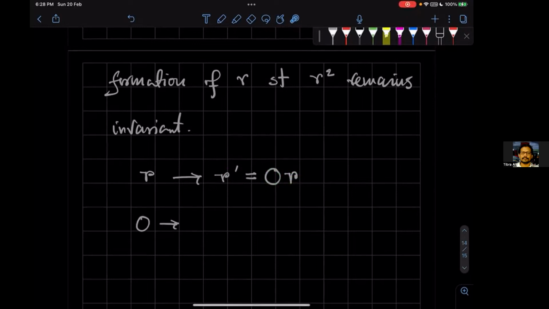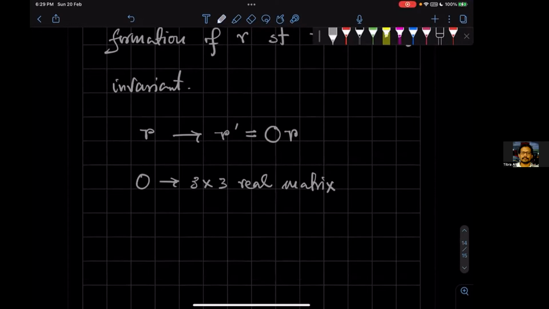Then what should this O be? A 3 by 3 matrix, yes. It should be a real matrix, right? Because we know that the entries of both R and R prime are real. So in general, O should be a 3 by 3 real matrix, right?